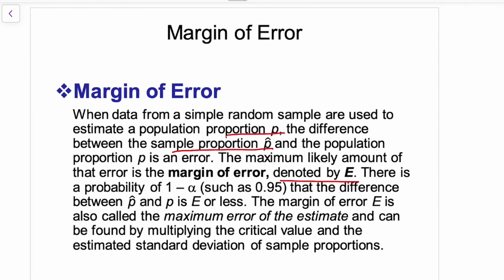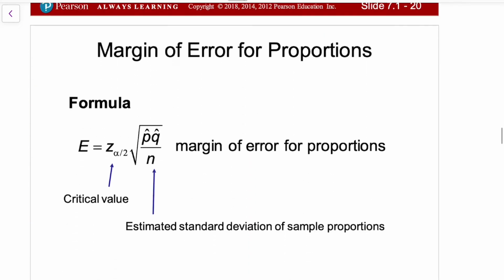We denote this margin of error by an E. And it is based on the z-score, the critical value that we use given our confidence level of 1 minus alpha. We consider this our maximum error of our estimate. And we can find it by using our critical value and the sample proportions that were given.